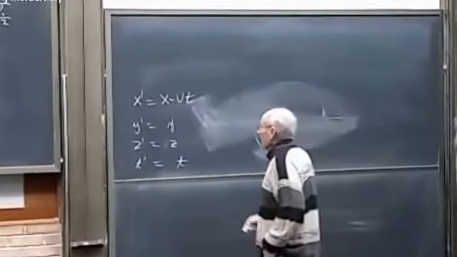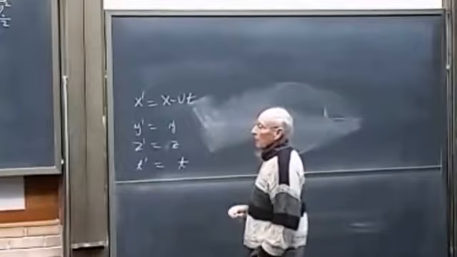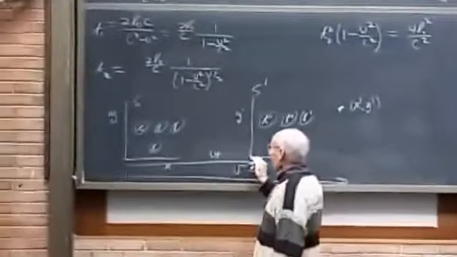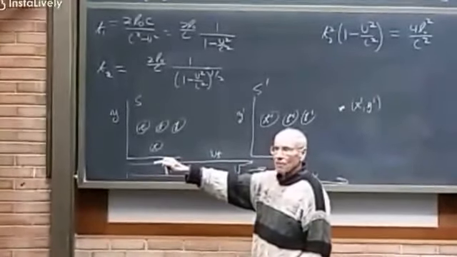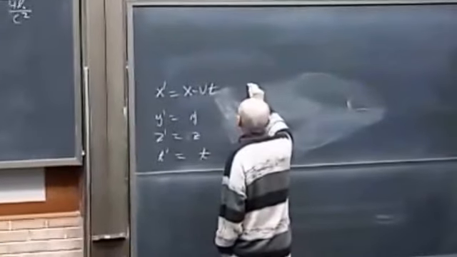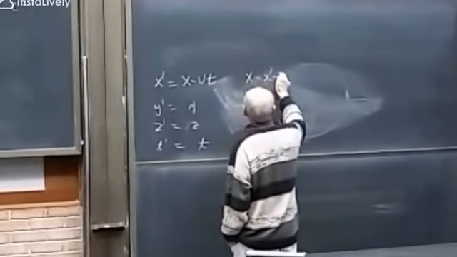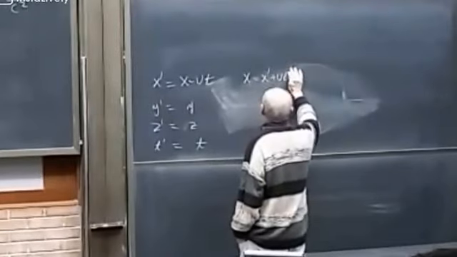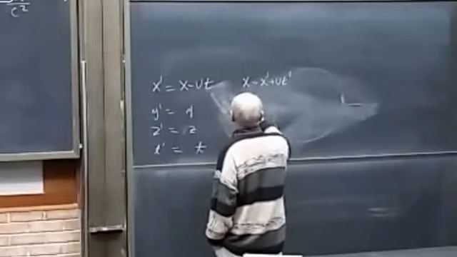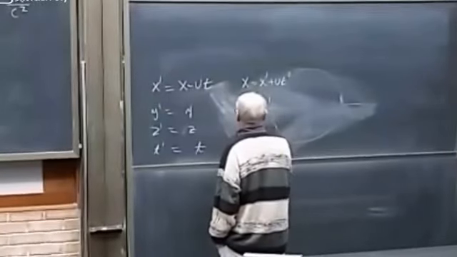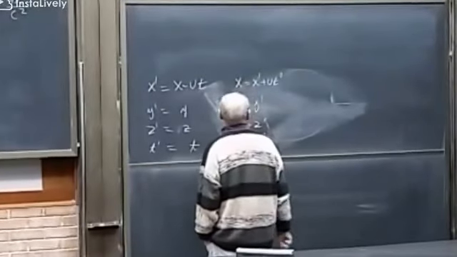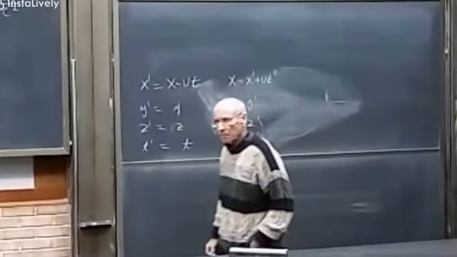And of course, you could invert this and solve for what x prime sees. The only difference is that as x prime sees it, S is moving the opposite direction. So we just change the sign of v. So going the other way, x is equal to x prime plus vt, and y is equal to y prime, z is equal to z prime, t is equal to t prime.